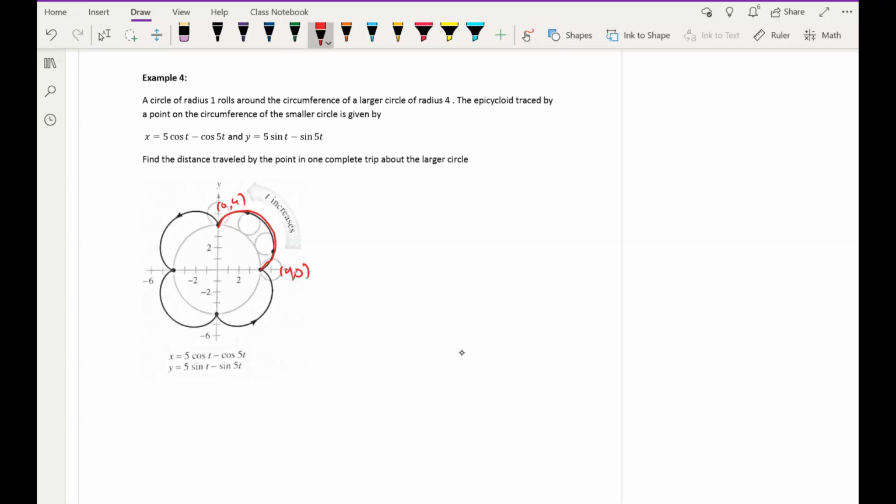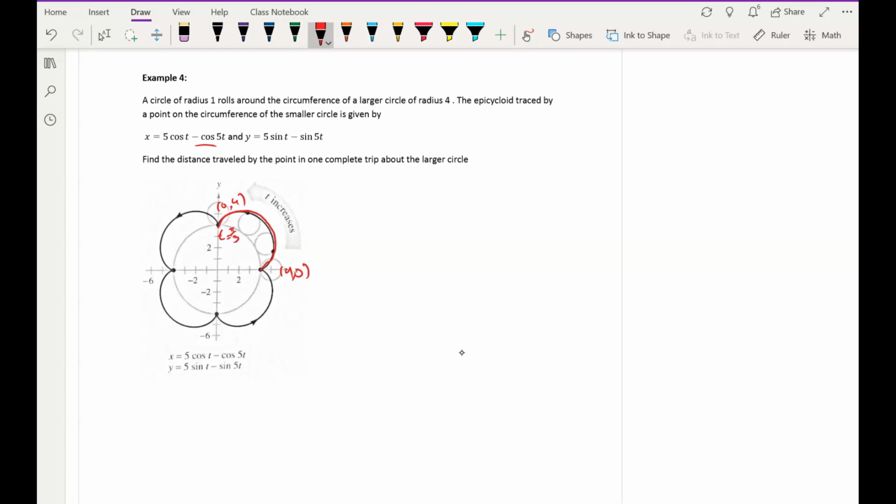So if I let x equal 0 here, I'm really saying 0 equals 5 cosine of t minus cosine of 5t, or I'm really saying, where is cosine of 5t equal to 5 cosine of t? There's a couple different answers you can come to, but you could conclude that an x value of 0 yields a t value of pi over 3.